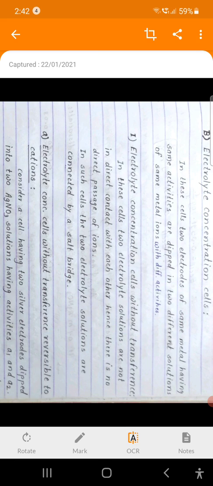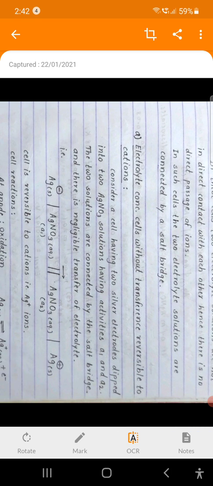In this way, the salt bridge only maintains the electrical neutrality of the solution, but does not transfer ions through the salt bridge medium. Therefore, two solutions connected by a salt bridge are considered without transference, not in direct contact with each other.